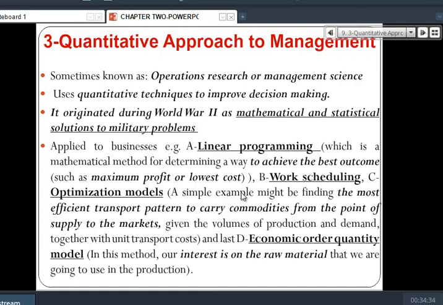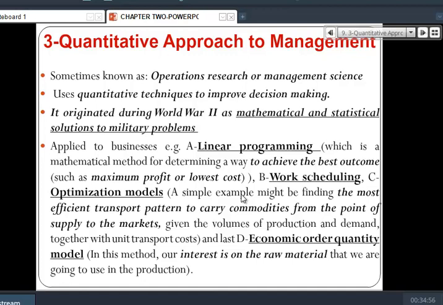Economic order quantity model. He focused on the economic order quantity model. So how much money you are saving when you order a quantity, a certain number of items, by the quantity approach.